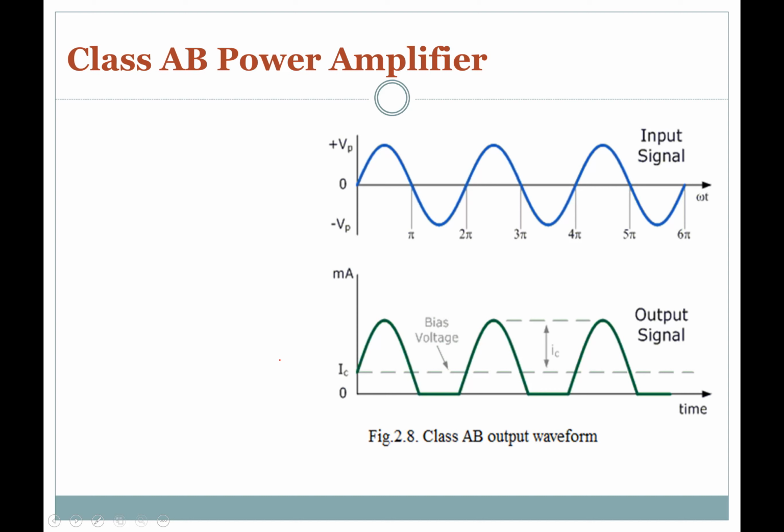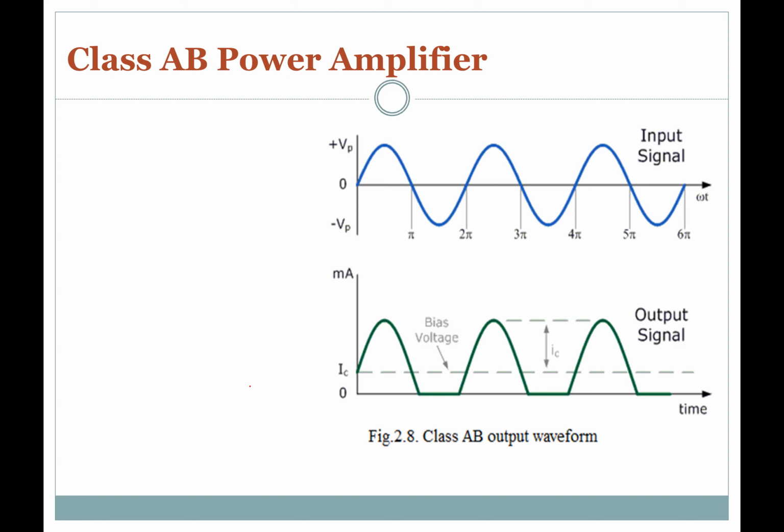Class AB amplifiers. Now, a class AB power amplifier is biased at a DC level above 0. It's usually biased above the 0 current level of the class B power amplifier, and above 1/2 the supply voltage level of a class A amplifier.